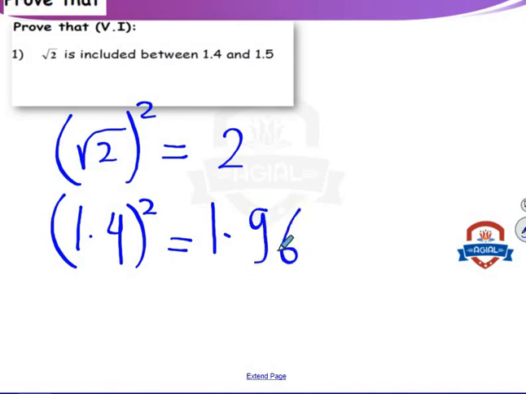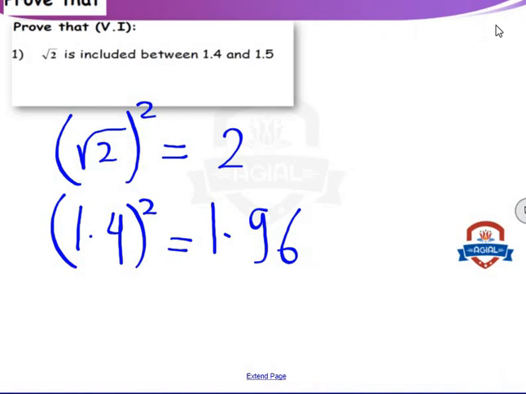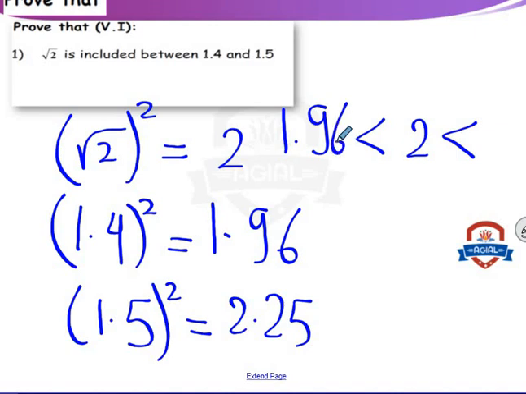Here we have 1.96, and we will make 1.5 to the power of 2, open the bracket, 1.5 to the power of 2, it will be 2.25. So here 2 is between 1.96 and 2.25.